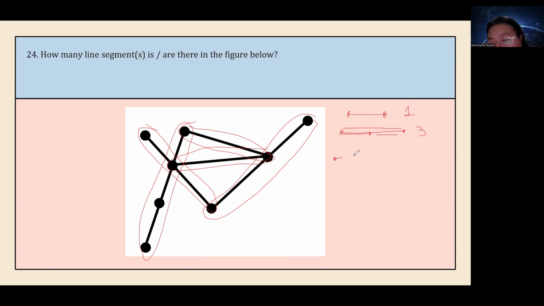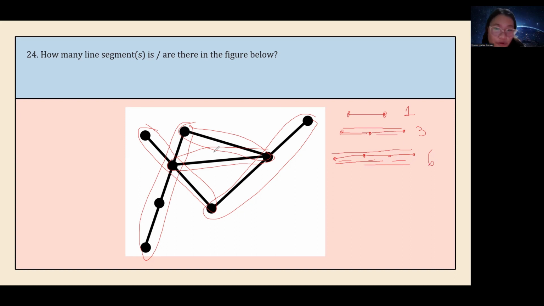How about now if we have 4 points in a line segment? Okay, so we have 1, 2, 3, 4, 5, and then the entire segment. So 6. So if you have 4 points in a segment, you can have at most 6 line segments.